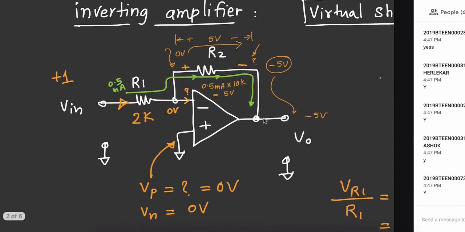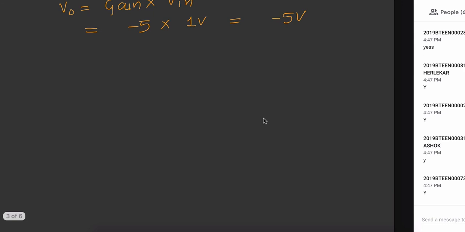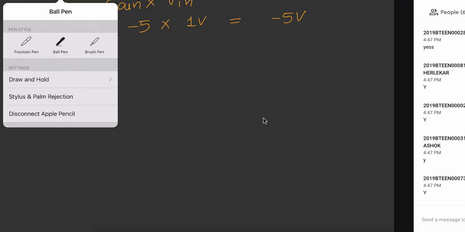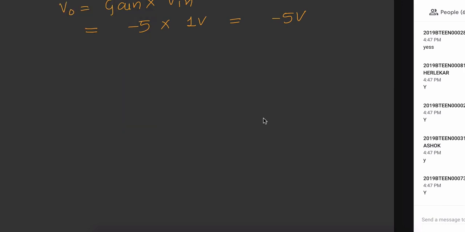Okay. Now draw this circuit once again, and I will draw the circuit once again. I think you draw the inverting amplifier, and I will tell you some things which you will repeat. V input is equal to 2.5 volt.